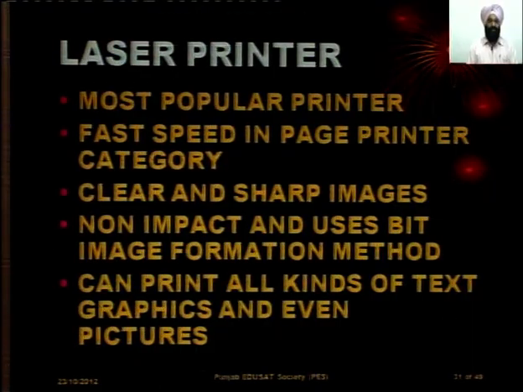A full page is printed in this kind of printer in one go. It has clear and sharp images. It is also non-impact: there is no hammer pressure, and it uses the bit image formation method. And it can print all kinds of text, graphics, and even pictures.